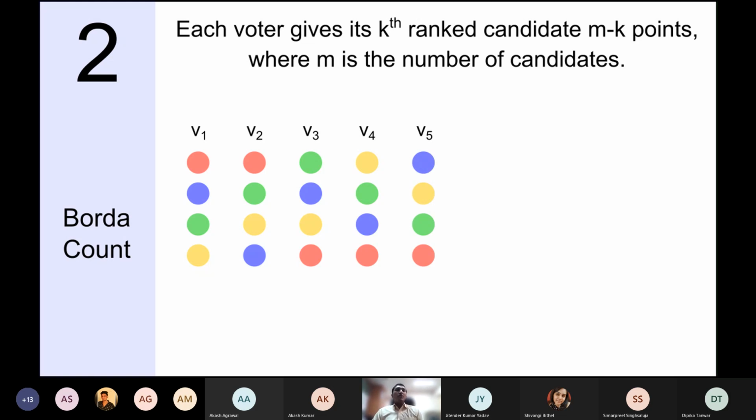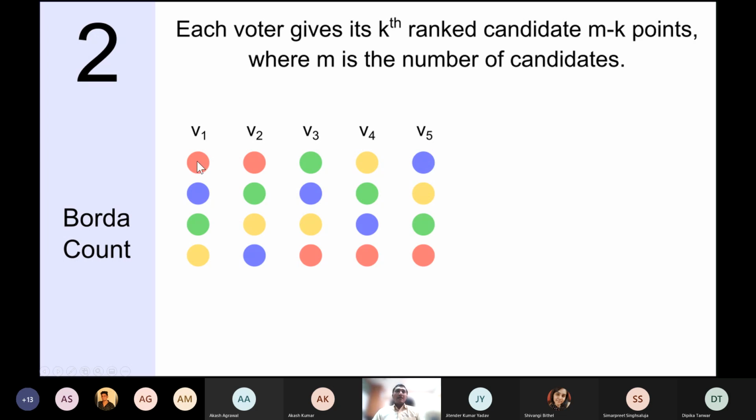The way it works is as follows. Borda count assigns points to candidates based on their position in each vote. Each voter gives its kth ranked candidate m minus k points, if m is the number of candidates. In this example, m is 4.